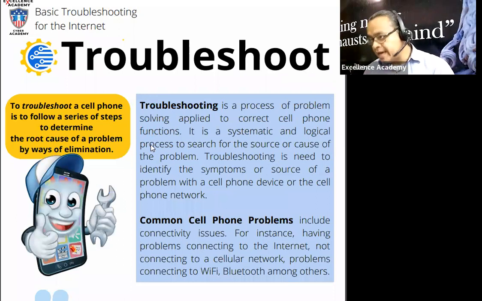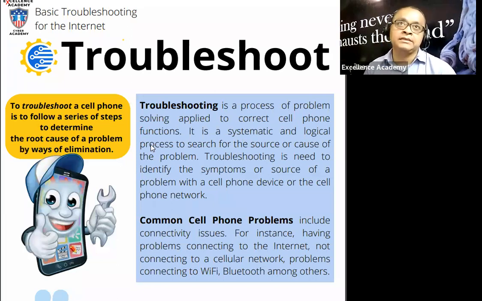So just a little recap, troubleshooting is a process of problem solving applied to correcting cell phone functions. It is a systematic and logical process to search for the source of the problem, and troubleshooting is necessary to identify the symptoms or the root cause of the problem that is not allowing the cell phone to work properly.